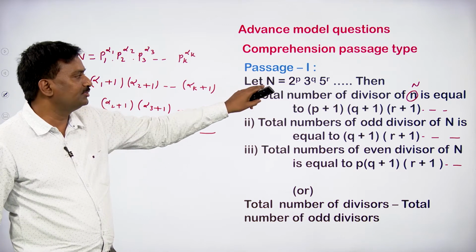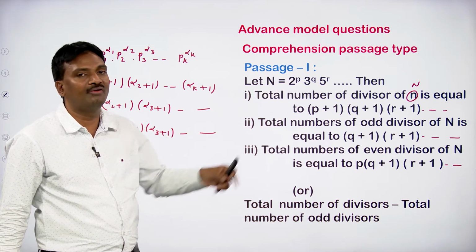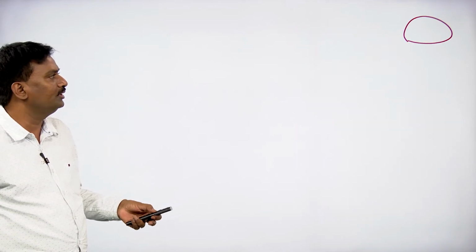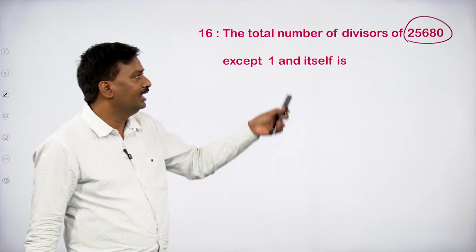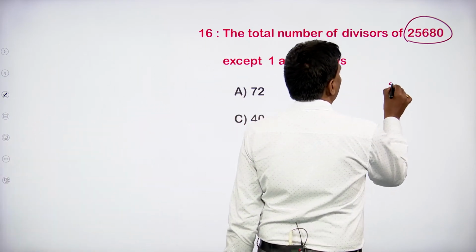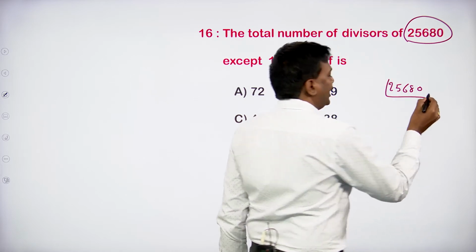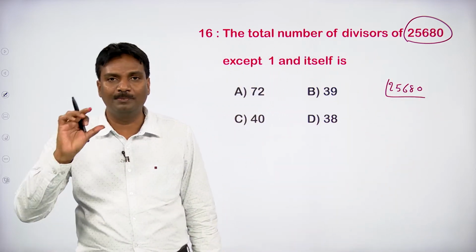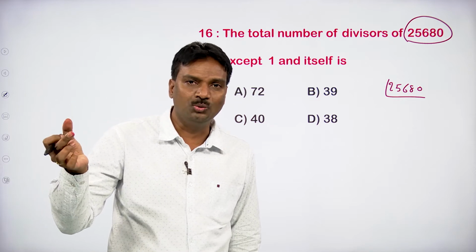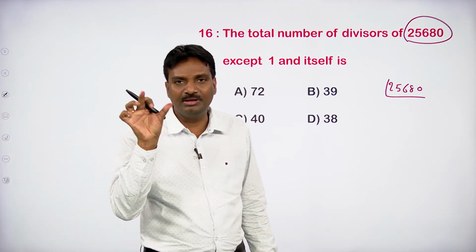So, first we have to express the given natural number 25,680 in the form of 2 power p into 3 power q into 5 power r into so on. The bases must be prime integers.